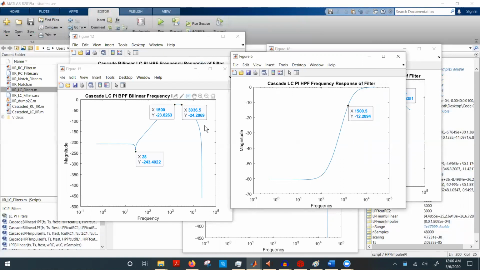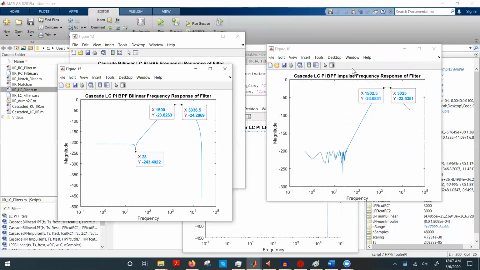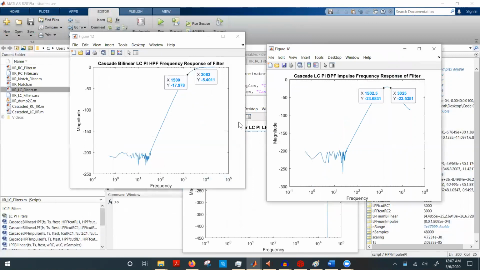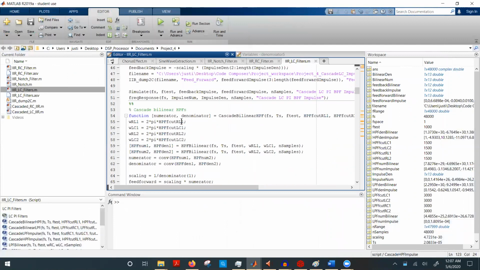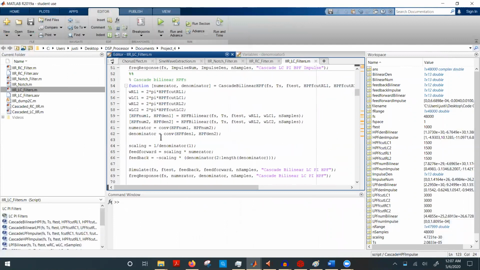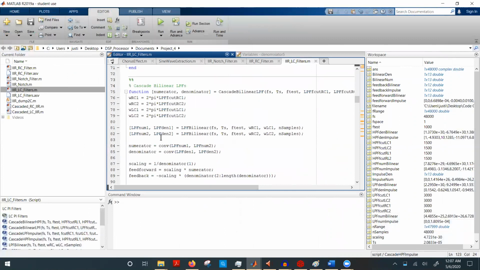But the bilinear transform also has the problem that if you're close to your sampling frequency, you lose linearity. So when designing bilinear transform IIR filters, you want to make sure that your sampling frequency is much, much larger than whatever frequencies you're working with. And then as a general note, MATLAB is extremely powerful, and I use MATLAB a lot to do the polynomial multiplication by using the convolution command, which saves me a ton of algebra and possible mistakes.